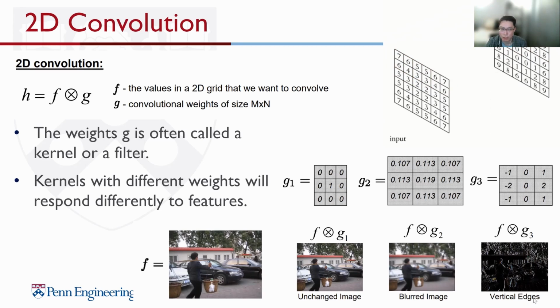It shows vertical edges. So the weights G are often called a kernel or a filter. Kernels with different weights will respond differently to features. So this one is for vertical edges. We can have another one just for horizontal edges, and we can combine them to detect certain features.